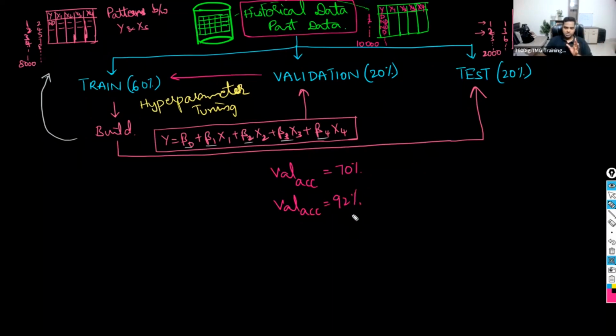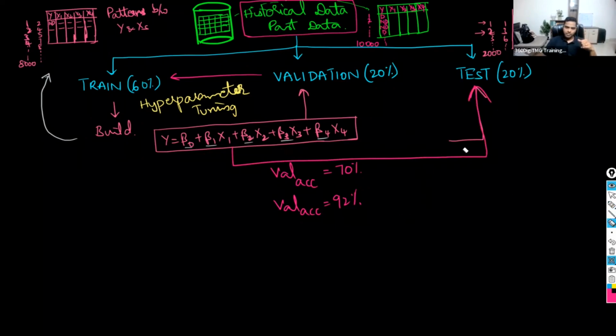Once you're happy with this accuracy, then you test that model on the test data. Now you test on the test data set. And whatever test accuracy you get here would be the final accuracy.